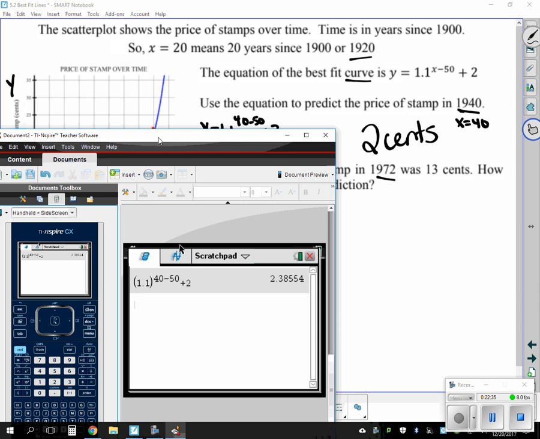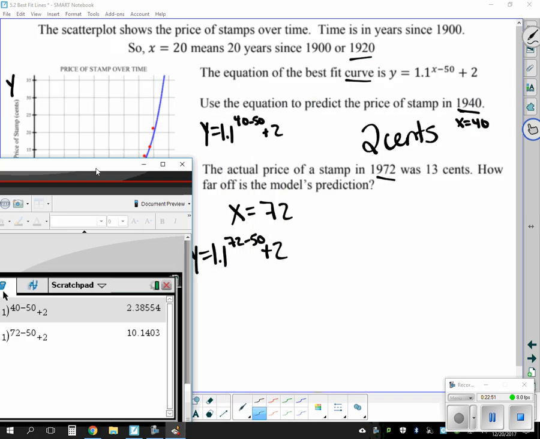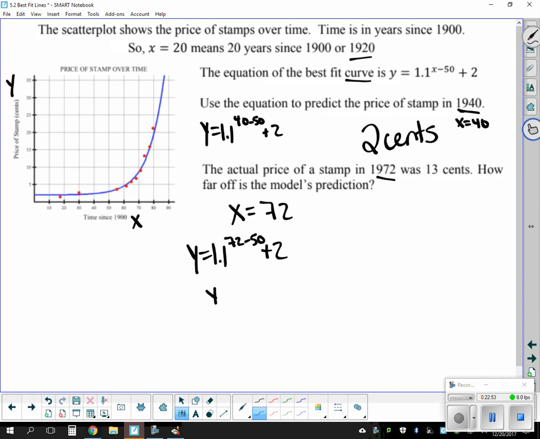Calculate that one. 1.1 to the 72 minus 50, arrow out of the exponent, plus 2, gives us an answer of 10 cents. Okay, so we got 10 cents. The actual price was 13 cents, so we're off by 3 cents.